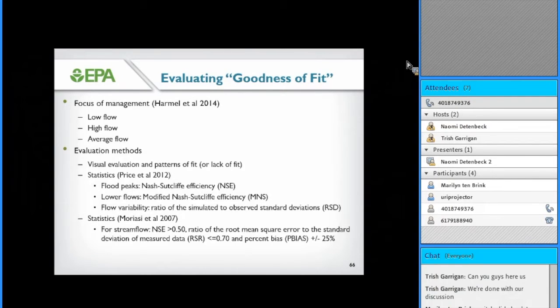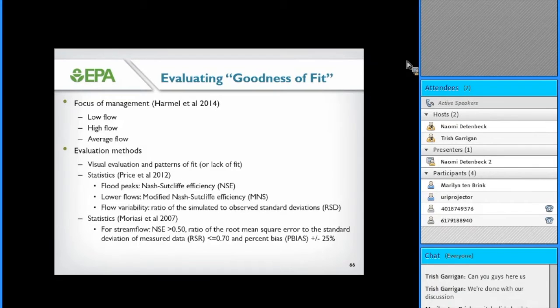There are basically two main evaluation methods. One is a visual evaluation, looking at patterns of fit, and by that we mean are the magnitudes reasonably close, is the timing also acceptable. And then there are statistics that modelers use to evaluate the goodness of fit, where that comparison is presented as a metric.